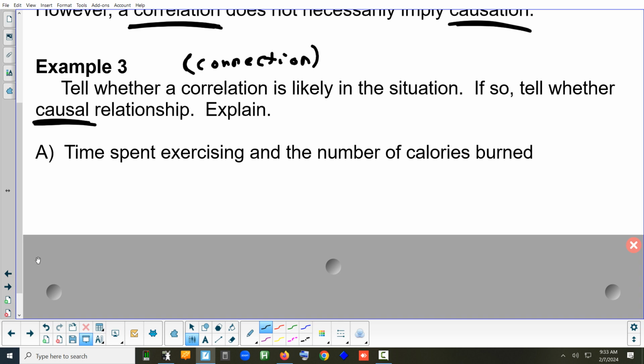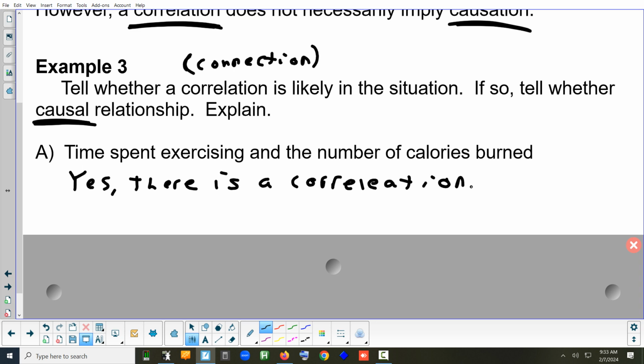So let's write down, yes, there is a correlation. So that answers the first part. If there's no correlation, you don't even have to do the second part. If there's no connection between the data, then it's definitely not going to be causal. It can't be.